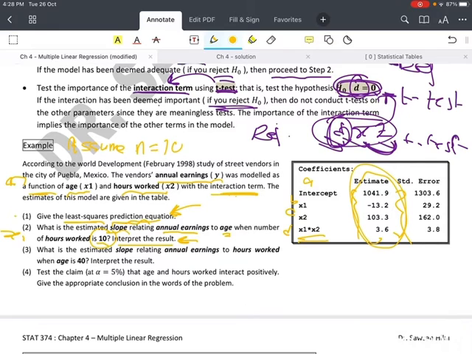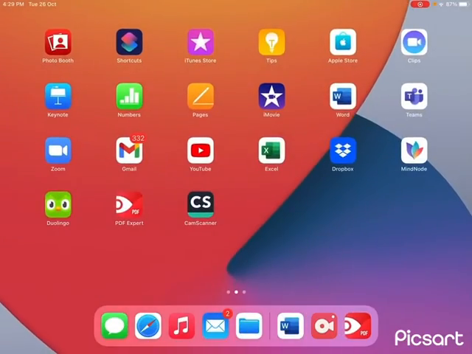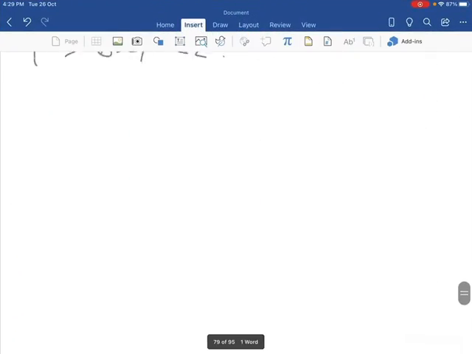So how will you write this equation? You will go for the formula here, the equation.